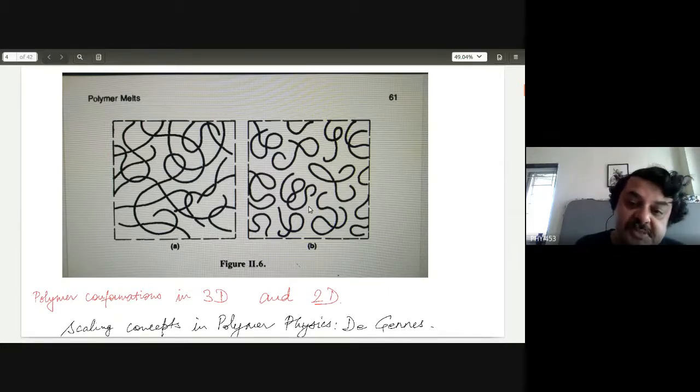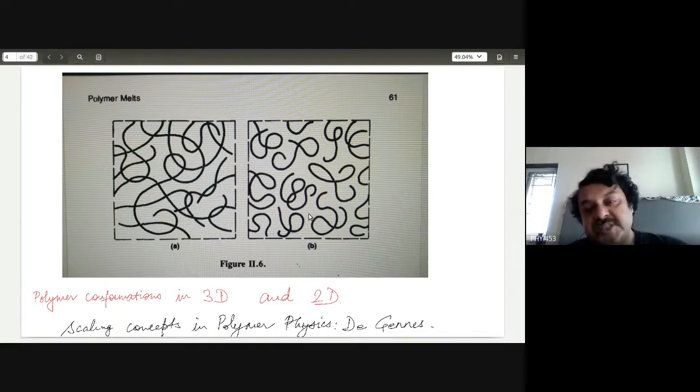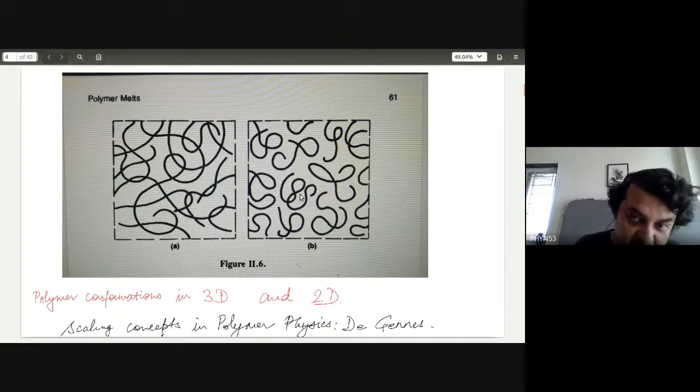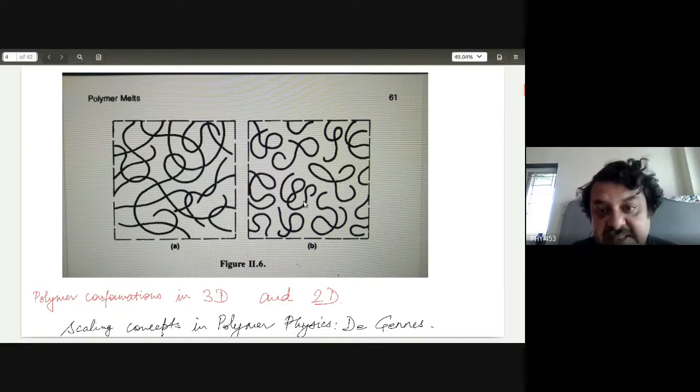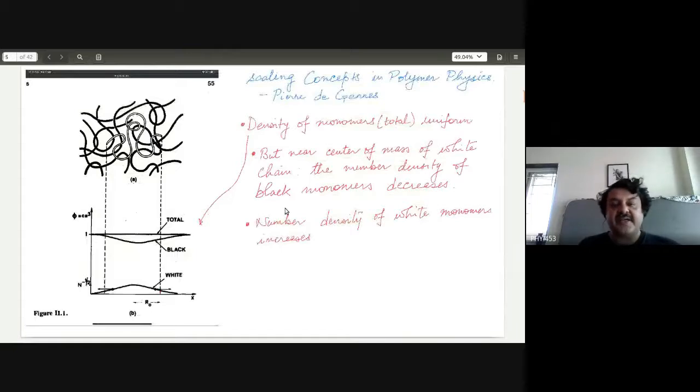But in a 2D polymer melt, or a polymer melt which is strongly confined between two parallel plates, because of self-avoiding interaction, this seems to be the more appropriate picture, in 2D, in high confinement. Or if it's truly 2D, then you have polymer chains interacting with their neighbors, but they don't invade the space of a central polymer chain. Each has its own space.